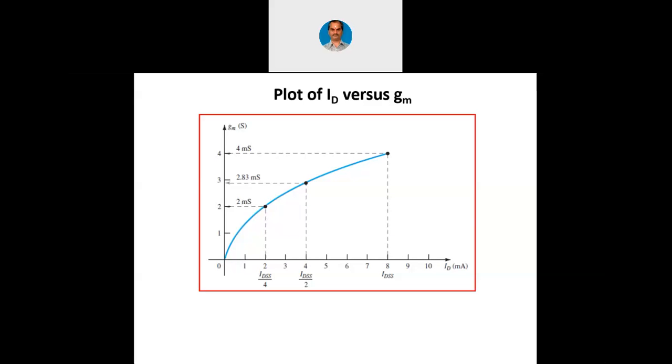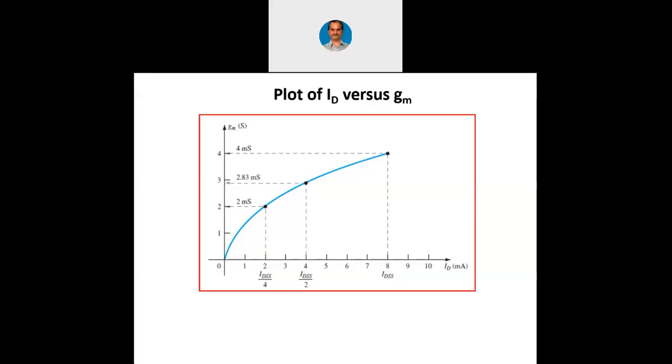VGS versus ID is nonlinear, whereas VGS versus GM is linear. So naturally, ID versus GM has to be nonlinear, because GM and VGS are directly related by means of a linear equation. That is the conclusion.